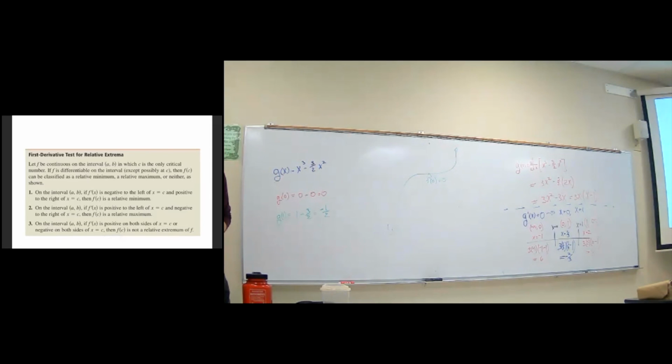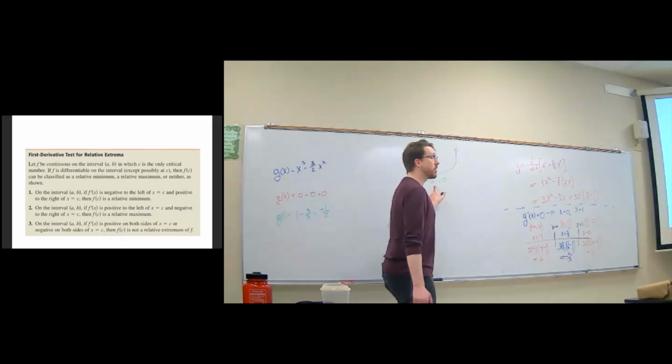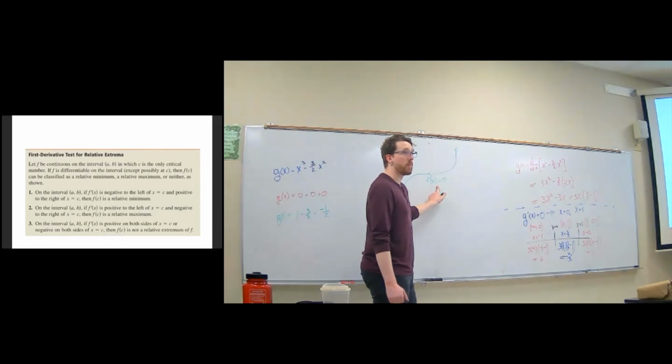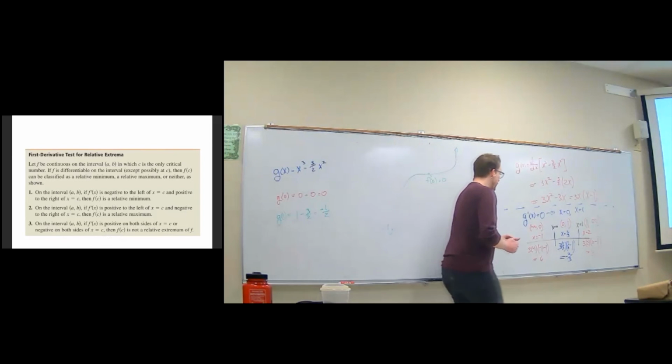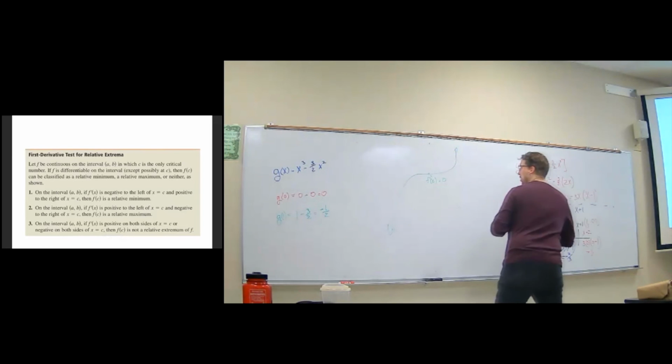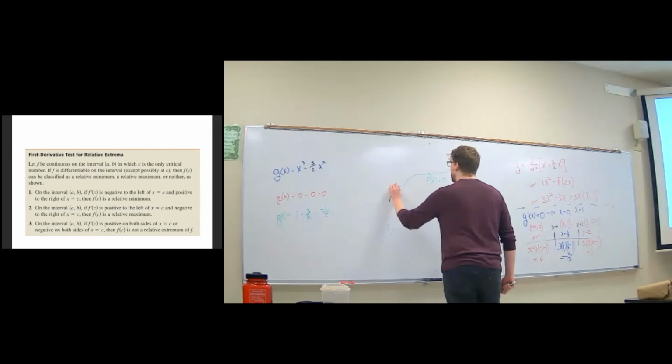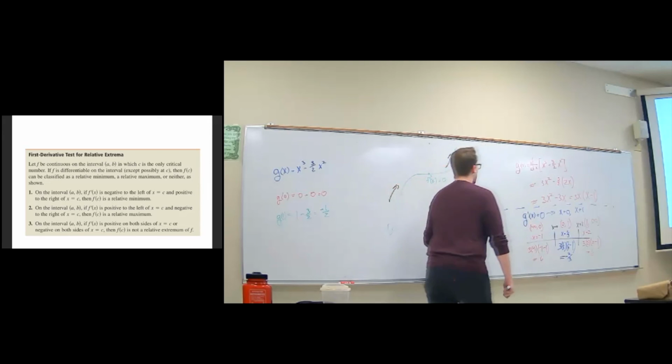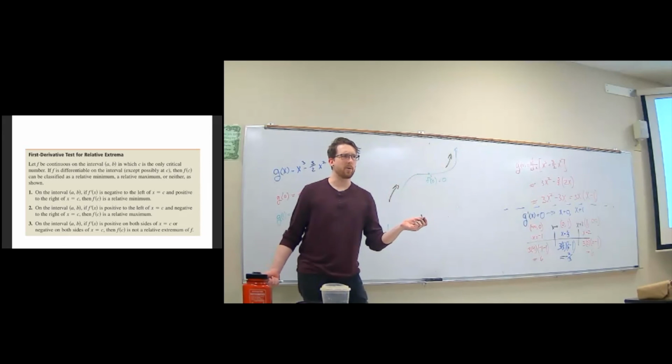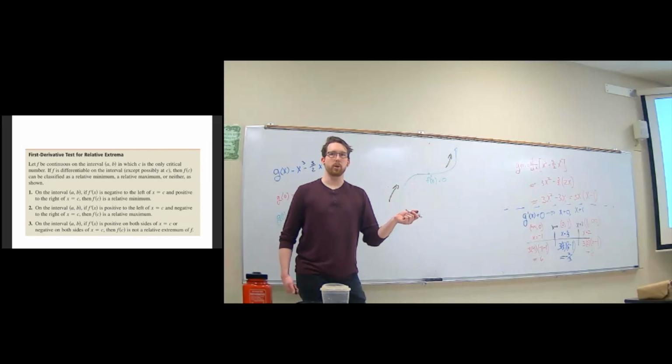So we need to do some checking. And the way we check it is simply to say, all right, what's our critical number? If we go from increasing to increasing, well, we just flattened out, so this can't be a relative extremum, because a relative extremum requires a change in the direction of the slope.